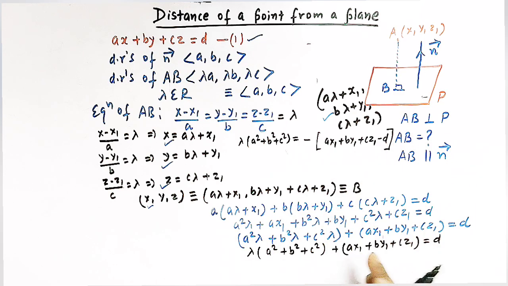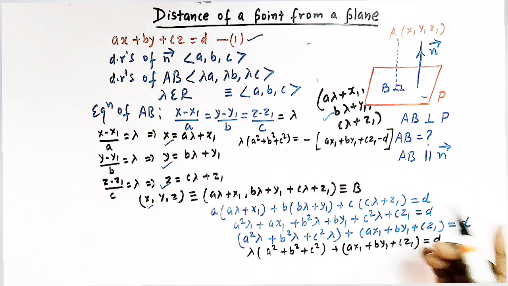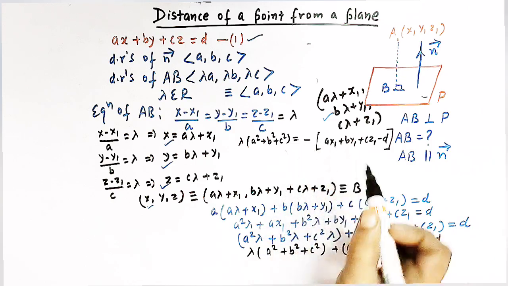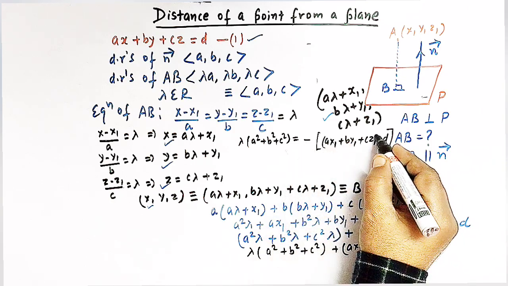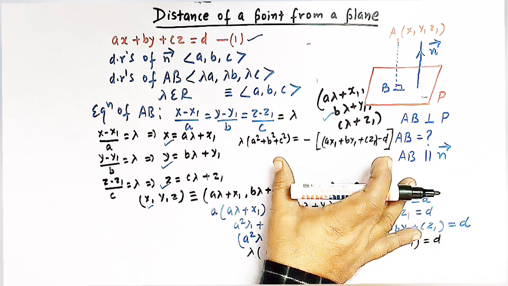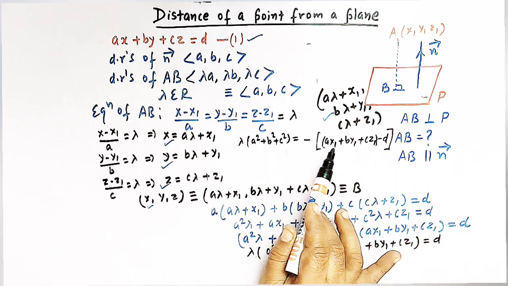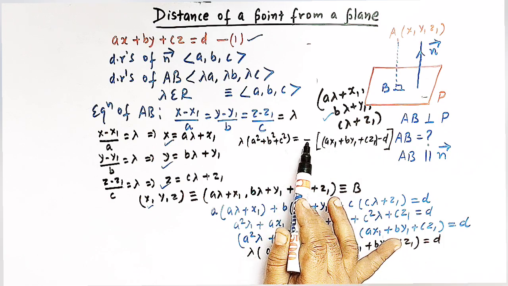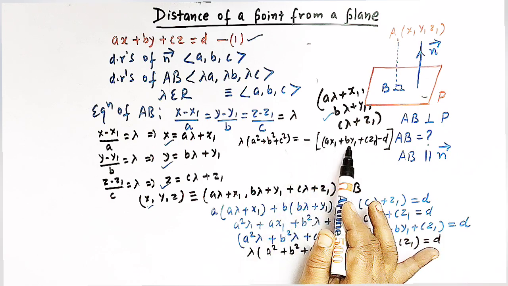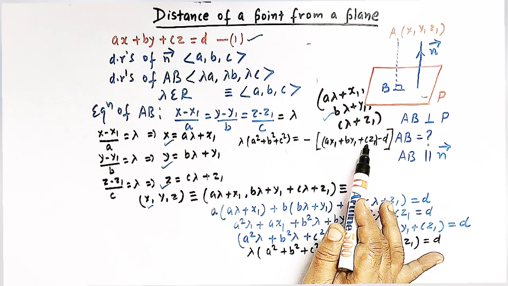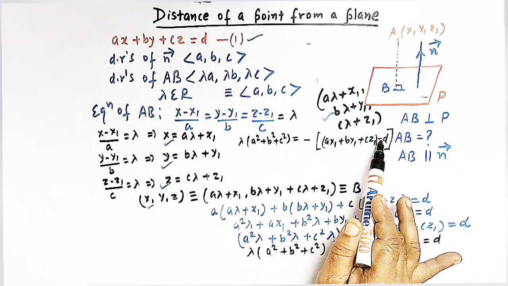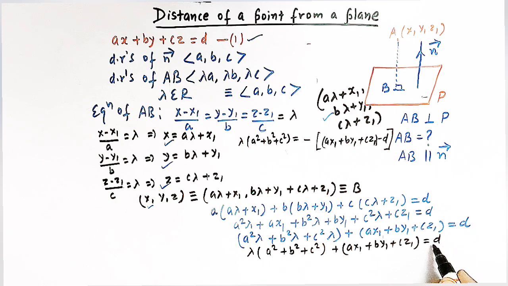So taking this term to the right hand side, and then taking a negative sign common, we can now write this equation like this, because when we multiply these two terms by this negative sign, we have negative of ax1 plus by1 plus cz1 with brackets, and then minus becomes positive, that is here we have plus d, right?